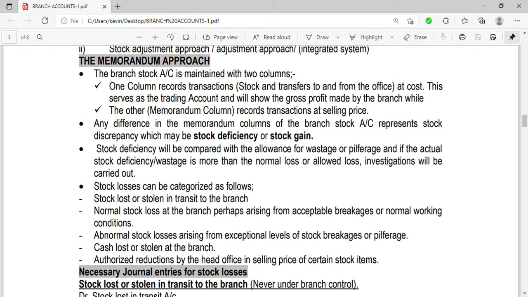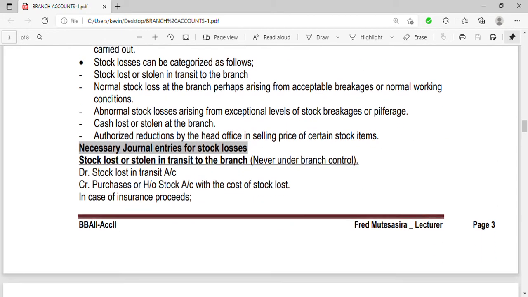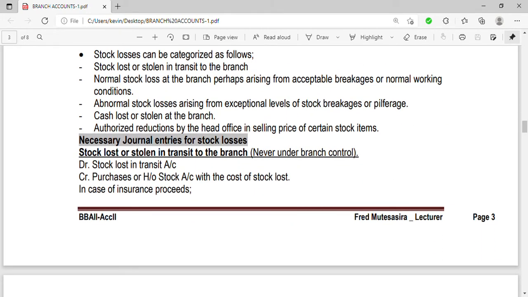Stock losses can be categorized as follows. We have stock lost or stolen in transit to the branch, when it's just being transferred from the head office to the branch and then it gets lost or stolen. Then we have normal stock loss at the branch, perhaps arising from acceptable breakages or normal working conditions, like when you are working and then you break something.